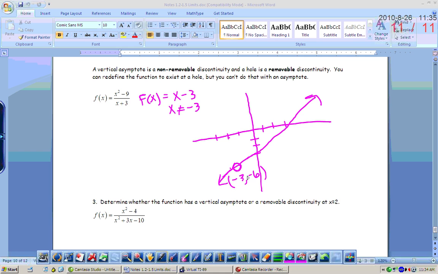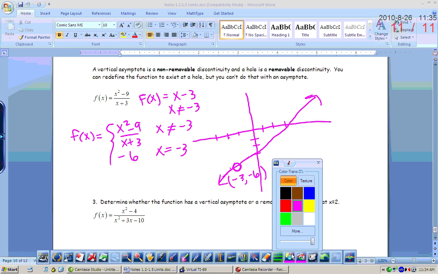All right, so I have a hole in this graph. The reason that this is called a removable discontinuity is I can say, all right, well, therefore, I want f of x to equal x squared minus 9 over x plus 3 whenever x does not equal -3, but I want f of x to equal -6 when x equals -3.